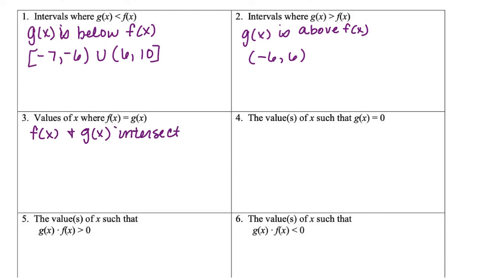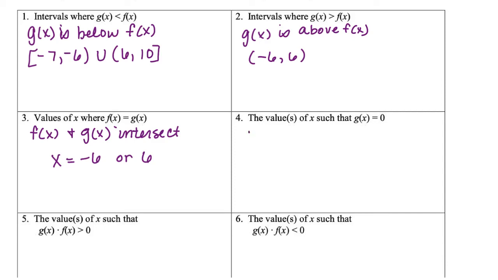And so over which interval does that happen? Well, no, that doesn't happen over an interval, silly me. That's going to happen at points, and those points it's going to happen at x equals -6, or it can happen at +6.